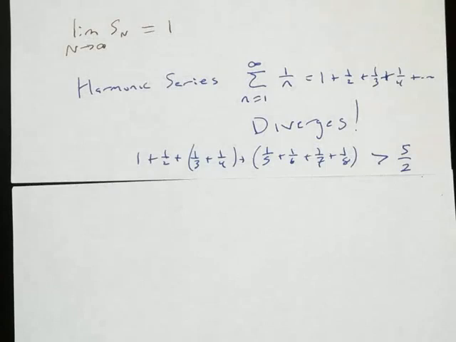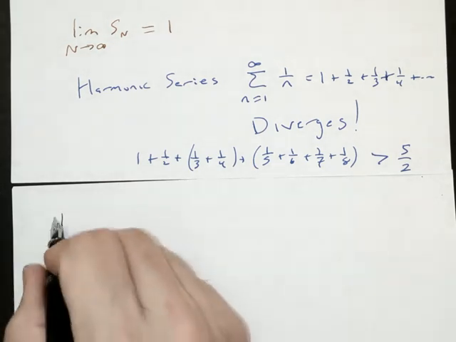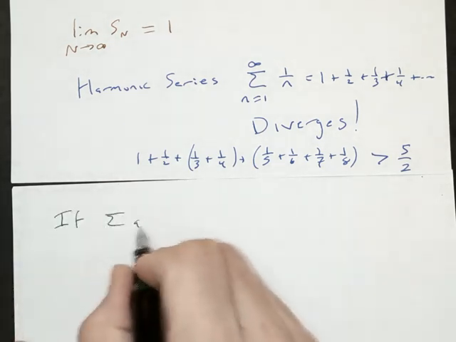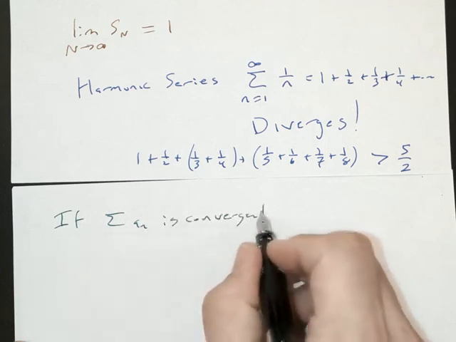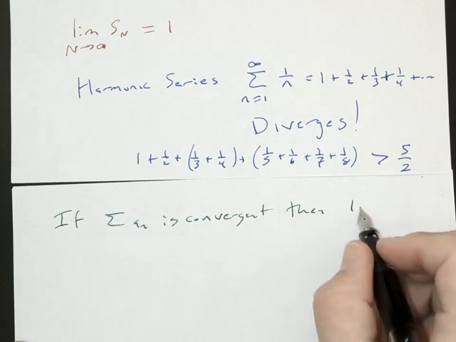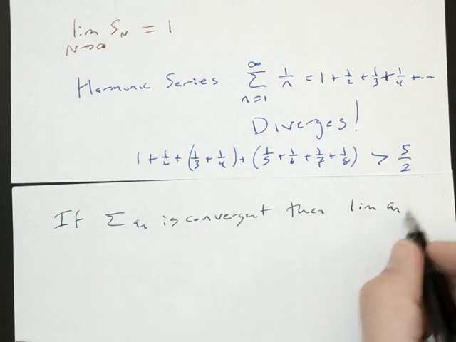Some important results of the theory of series. If my sum is convergent, then the individual terms go to zero.